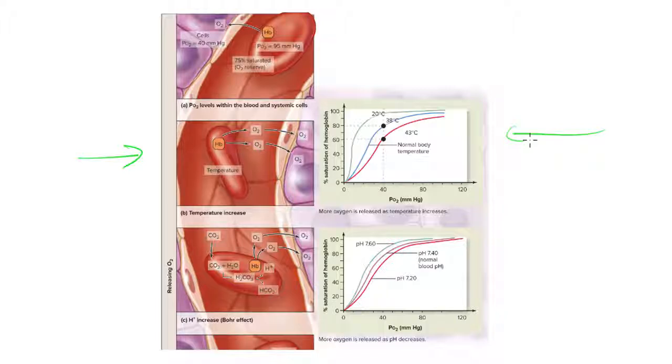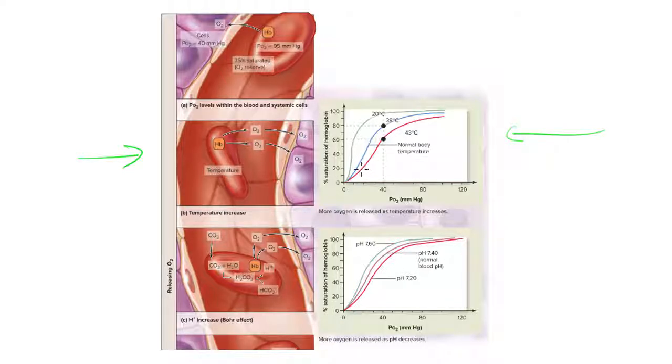And this is going to be associated with temperature. You can see on this, the blue line, the center line here, is your partial pressure of oxygen on the horizontal, and you have the saturation of hemoglobin on your vertical, and the blue line, the center one, is based on temperature. So let's look at how temperature is affecting the saturation curve.